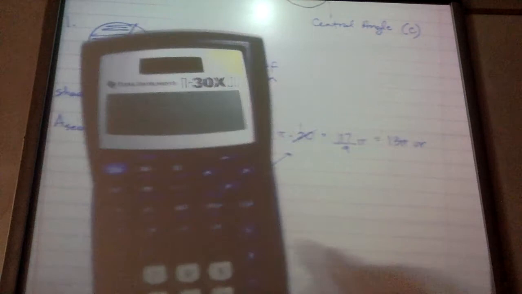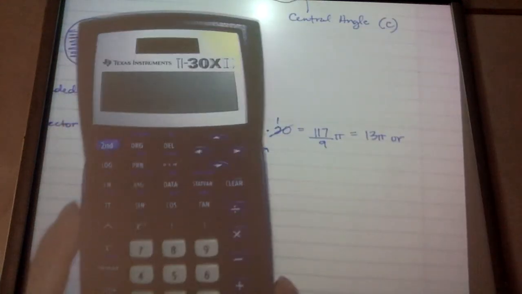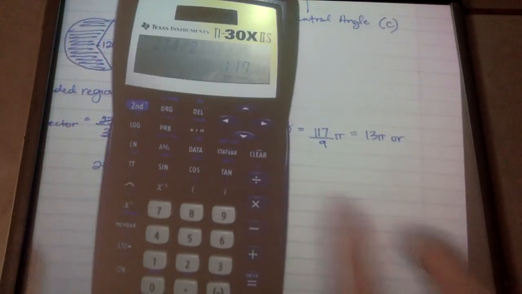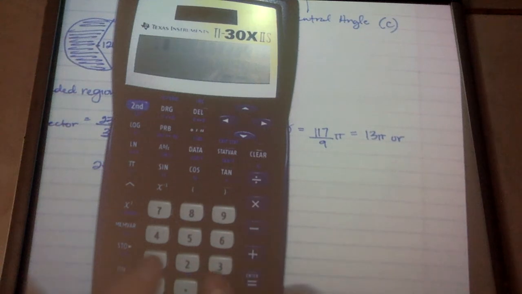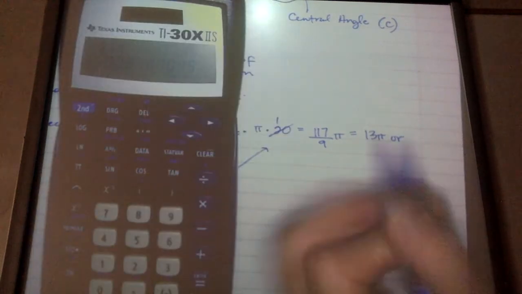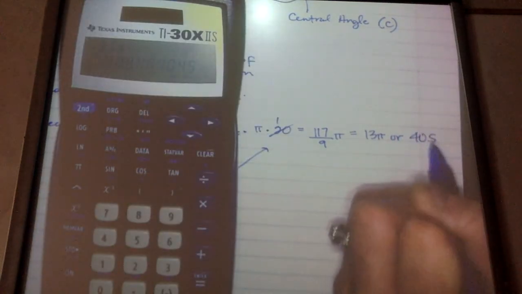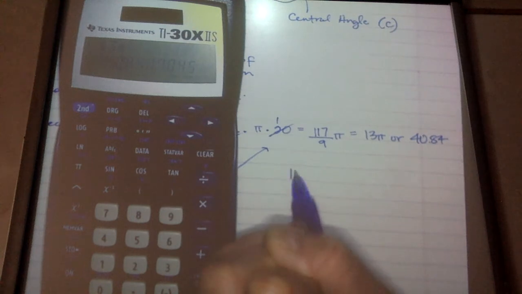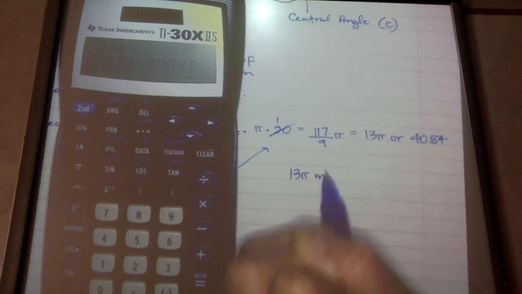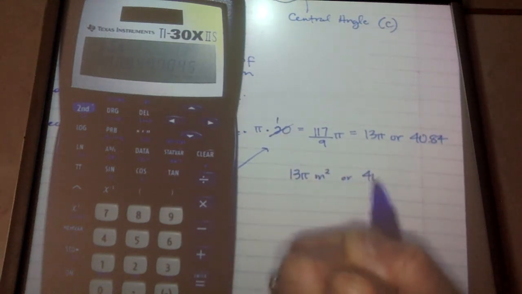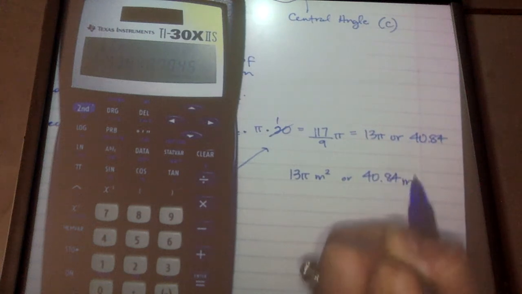Or if you do get a scientific calculator, your calculator has a pi button. So 13, and then hit pi, and you get 40.84. So my answer is 13 pi meters squared, or 40.84 meters squared.